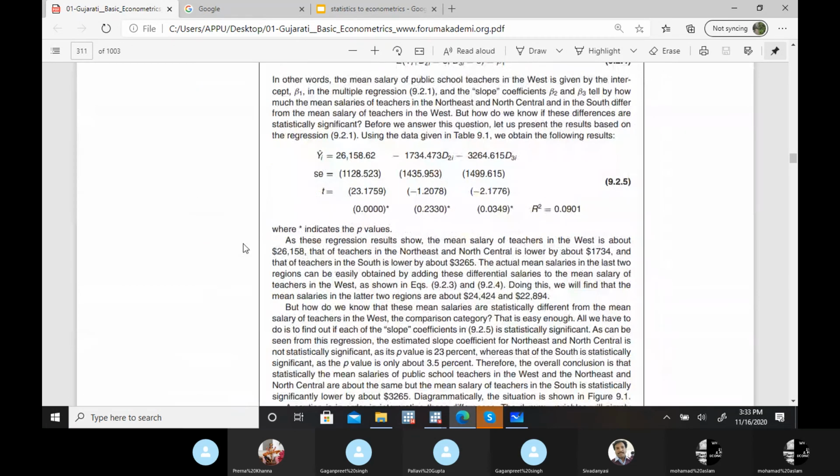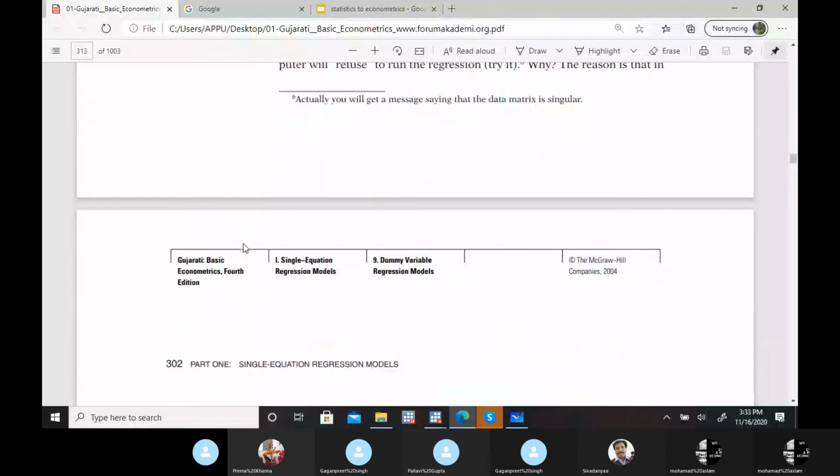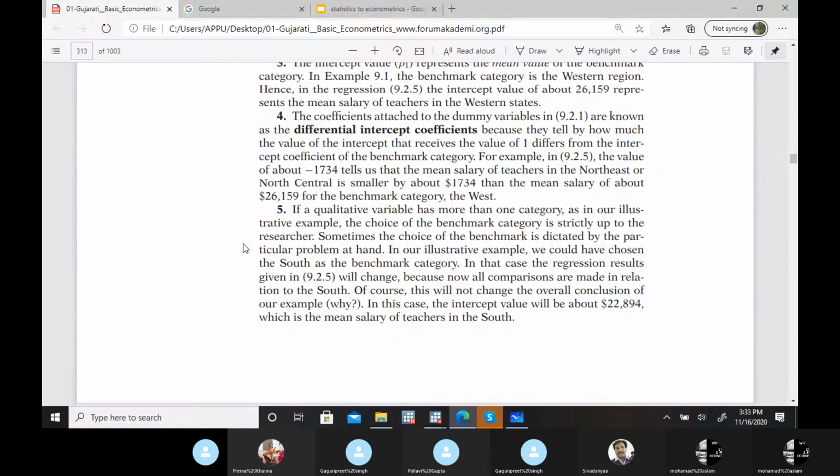This represents the category which we have not introduced as a dummy variable, that was West in this case. Fourth, the coefficients attached to dummy variables are known as differential intercept coefficients, because the change is only with reference to the intercept in this particular case.